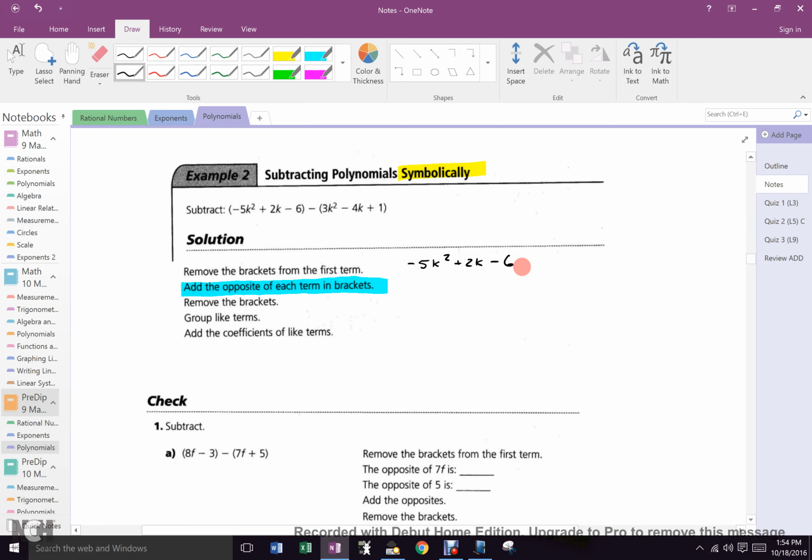So what do I really do here? Plus all the opposites. What is the opposite of 3k squared? Negative 3k squared. What is the opposite of negative 4k? Plus 4k, minus 1. Now, that's the opening salvo, which is a $5 word for the opening shots.